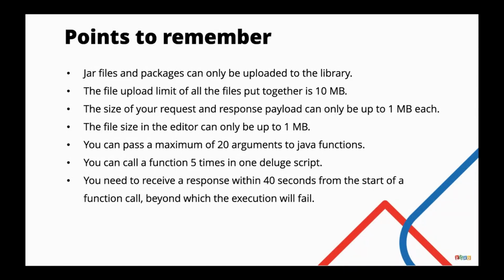And then you need to receive a response within 40 seconds from the start of the function call, beyond which the execution will fail. So the function, all the processes, everything will need to be completed, and this 40 seconds will start counting from the start of the function call itself. So these are the basic access restrictions that I was referring to in the initial stage.